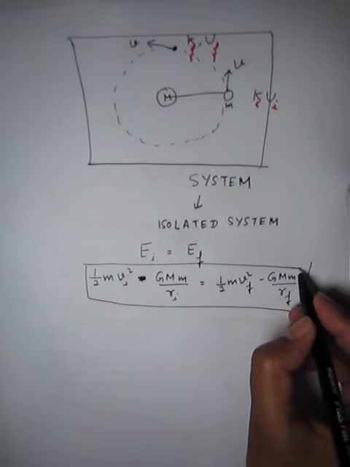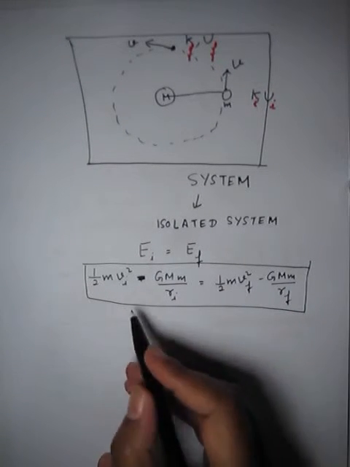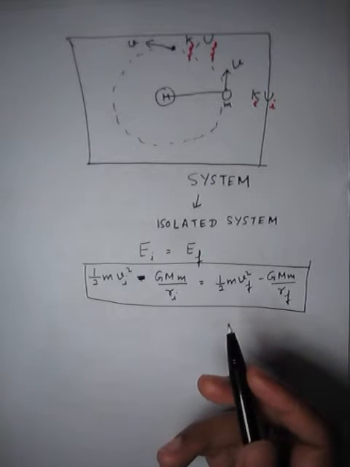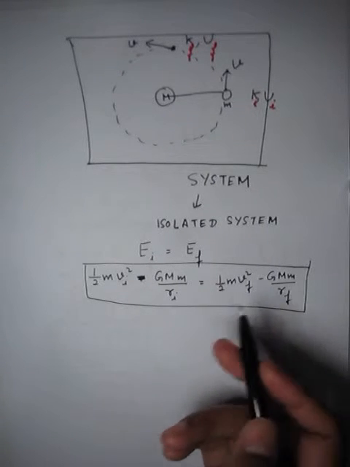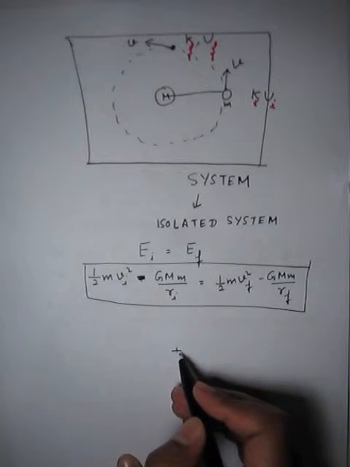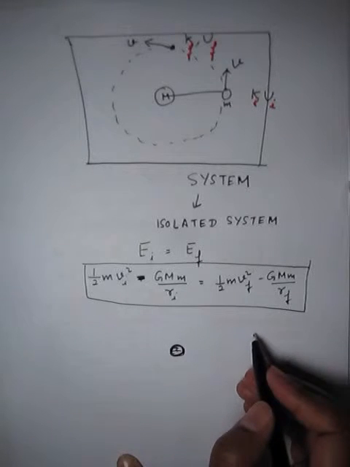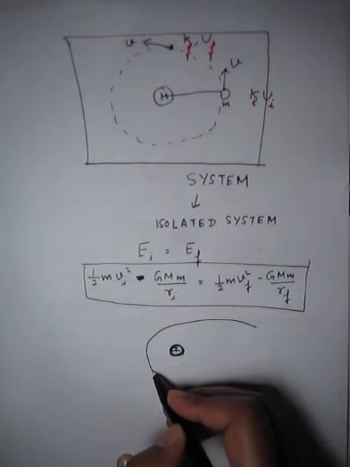We can use this equation in an elliptical path also, because it doesn't require a circular motion. We are not using a centripetal acceleration here. So this equation is also valid if the mass or the planet is moving in an elliptical path.